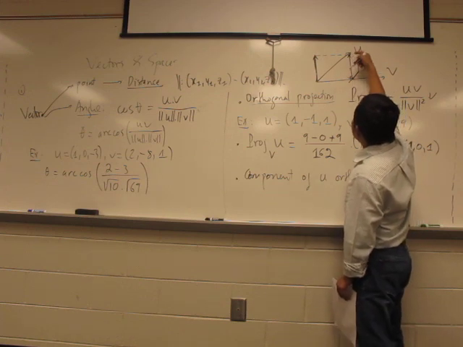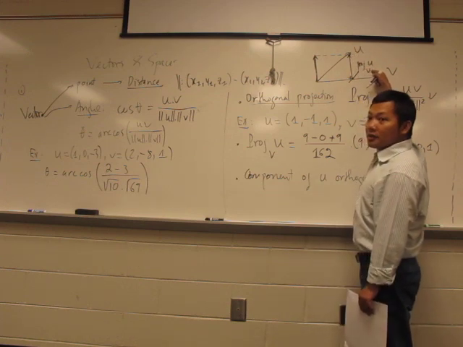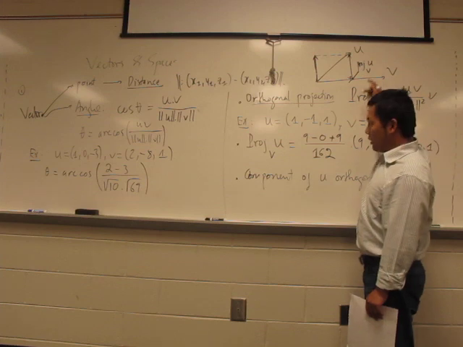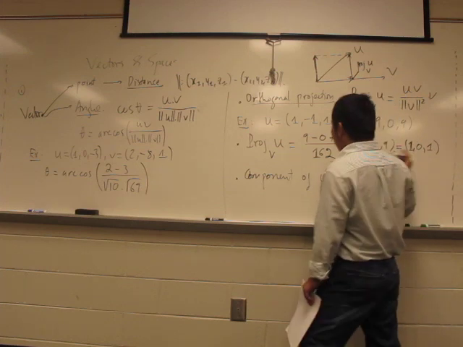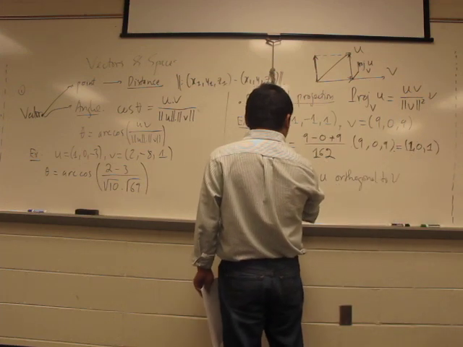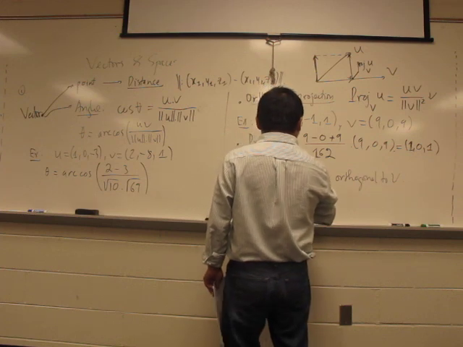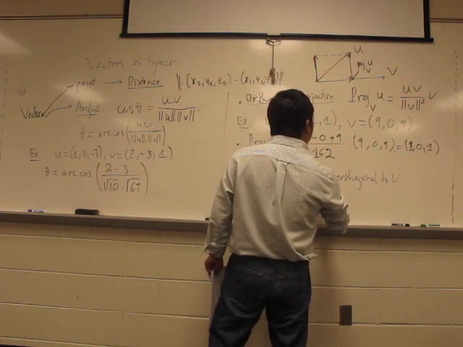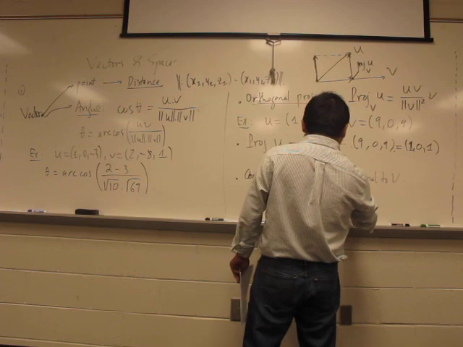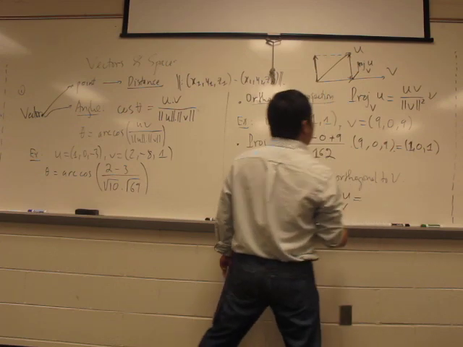But what is this? That is just u minus the projection of u onto v. So once you get (1, 0, 1) here, that component w is equal to u minus the projection of u onto v.